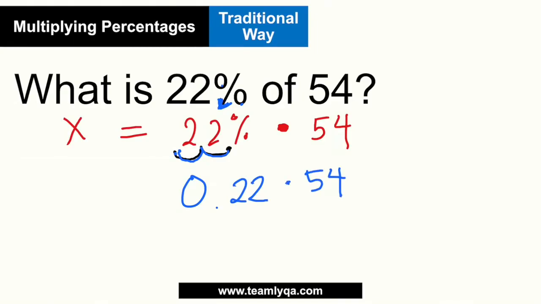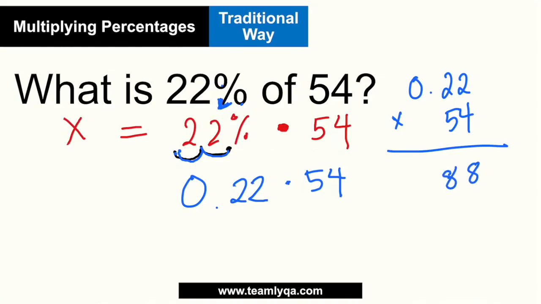So, ang traditional way din ng pagmumultiply would be to just write 0.22, tapos imumultiply ko siya sa 54. And the way we do it is, we just multiply it and then count the decimal places later. Ano ibig sabihin nun? 2 times 4 is 8. And you have another 8 right here. Tapos you have 2 times 5, which is 10. Lalagyan natin sa taas.